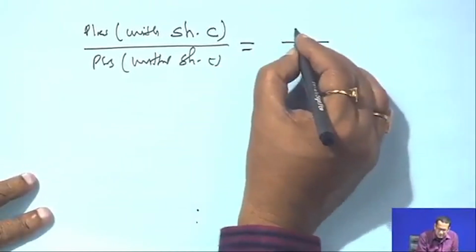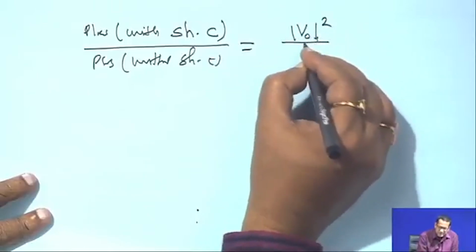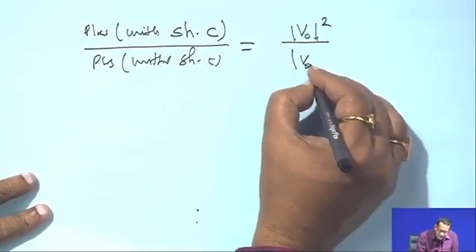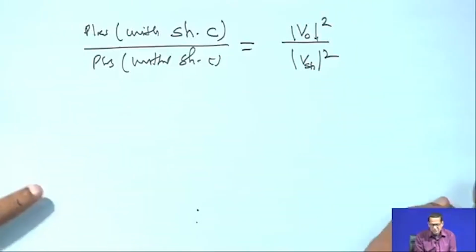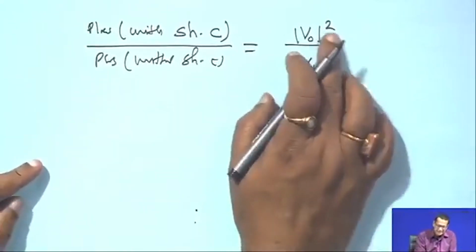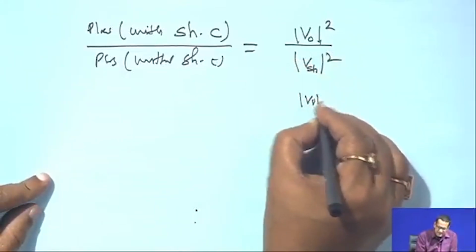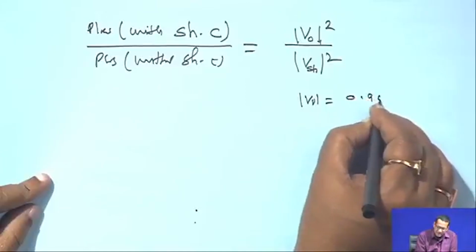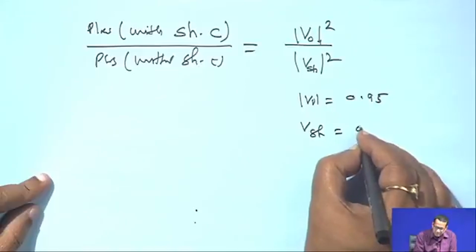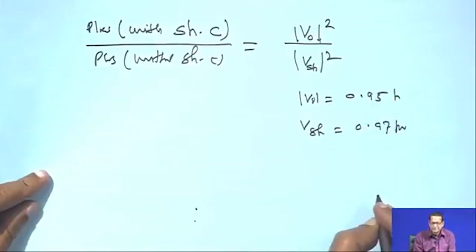So, suppose V 0 is the magnitude without the shunt capacitor, and V S H is with the shunt capacitor, because of which the voltage has improved. For example, if V 0 is 0.95 and due to the shunt capacitor the voltage has improved to 0.97.